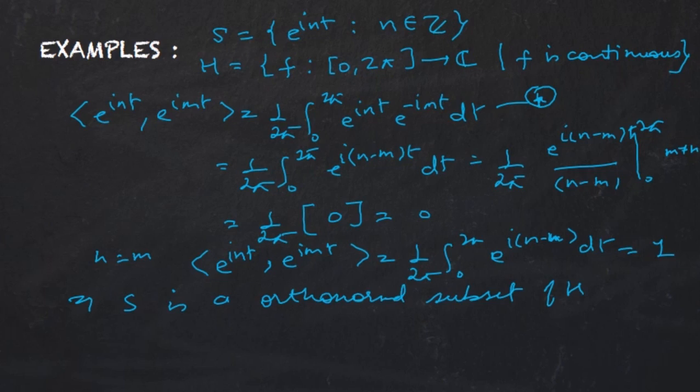So let's take the function f(t) to be equal to t, and now we shall find the Fourier coefficients of this function f. So let's find the Fourier coefficient of f with fn.